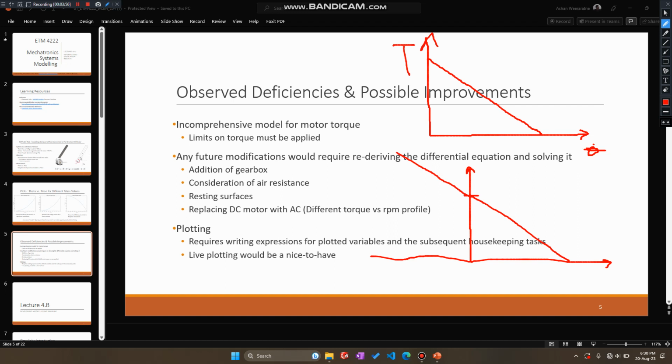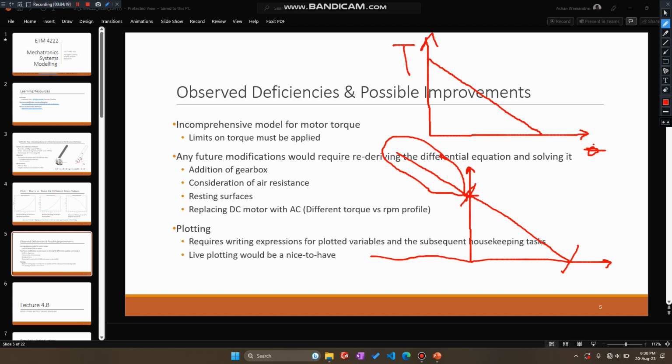So in the real case, a torque output like this is not really available, and it's not really possible. The mathematical model that we implement would have to enforce this limitation by keeping the torque output within these particular limits.